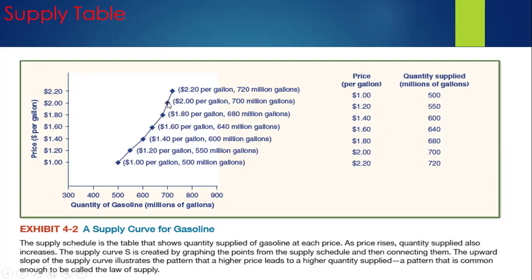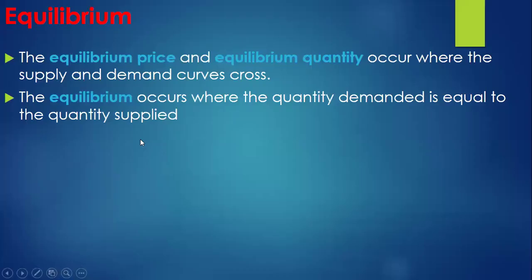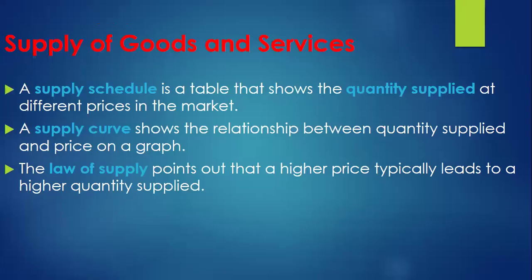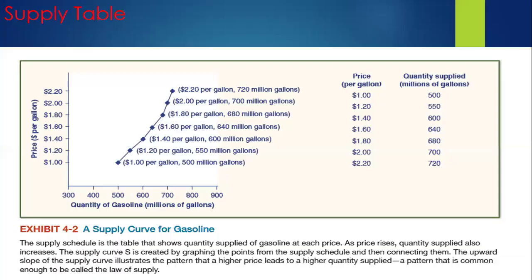Okay, and here's the curve. The curve here is showing us a relation between prices and quantities. So as you see here, the curve has a direct relation. High price, high quantity, low price, low quantity.